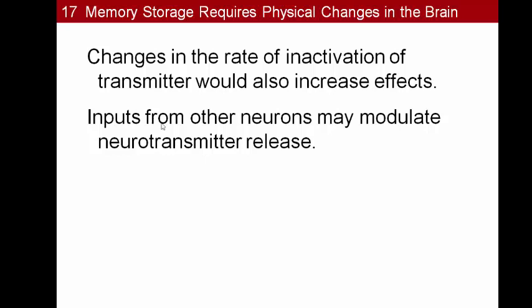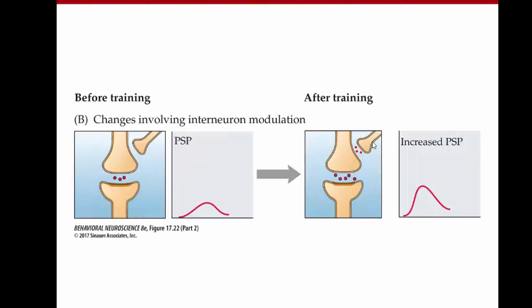It also talks about inputs from other neurons. So I have a picture here that may make this a little bit easier to see, right? But what can happen is that before training, you have this neuron talking to this neuron, okay? But now we've trained the individual, we've had some type of learning experience, and now this neuron is talking to this neuron, and this neuron is talking to this neuron.